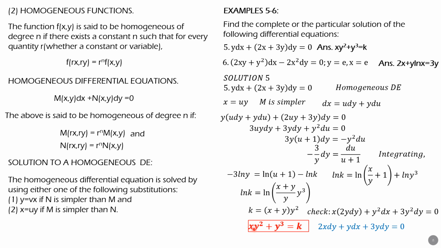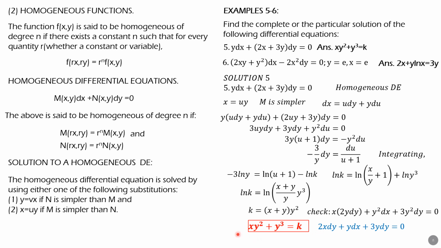So x times 2y dy, I'm not showing it here, I'm just explaining. That's x times 2y dy plus y squared dx plus 3y squared dy equals 0.